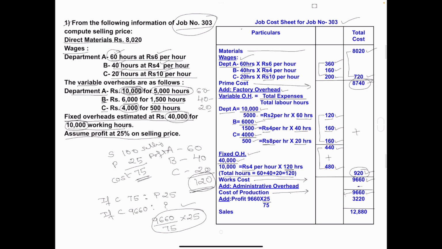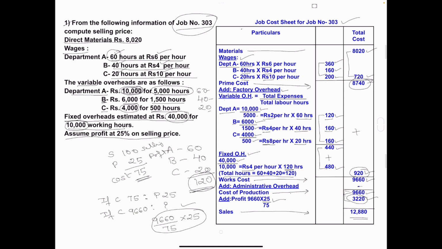So calculate this, 9660 into 25 divided by 75, you will get 3220. This is the profit. Now add these two, 9660 plus 3220, you will get 12,880. This is sales.